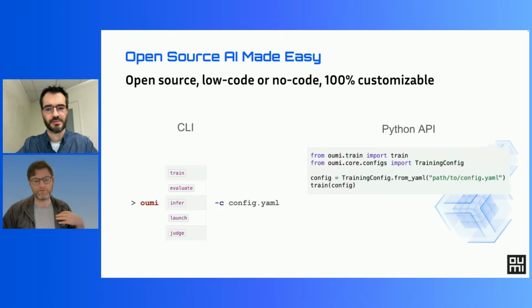So instead of oumi train, you would create a training config object from the same configuration file, and then call the train function. This gives you a bit more flexibility, but then on top of that, it's 100% customizable. So if you actually want to go in and replace, maybe put in a custom training loop, you can go in and replace that component.